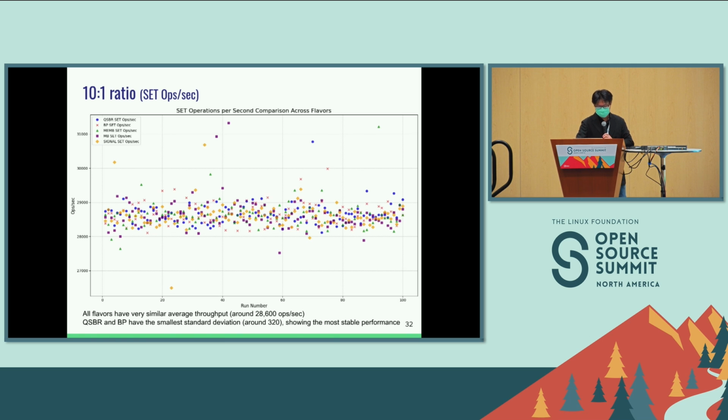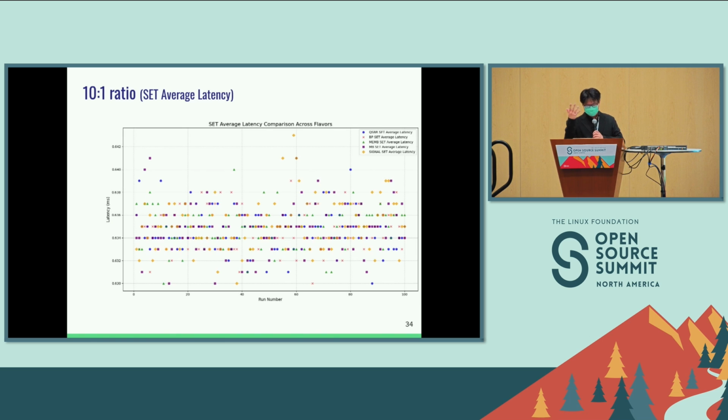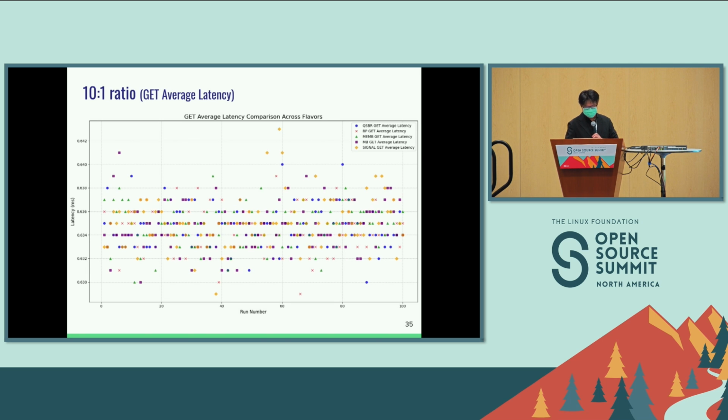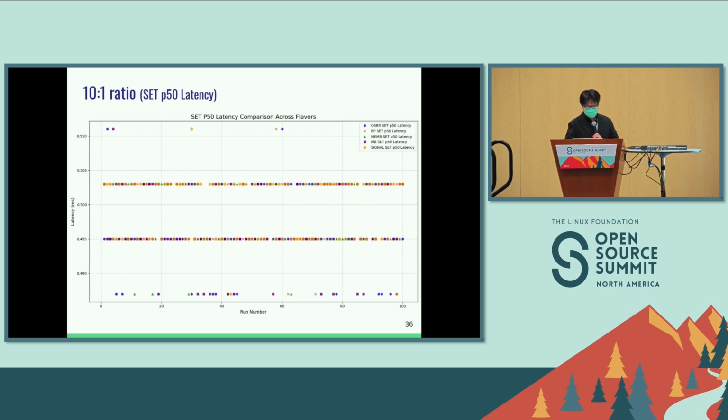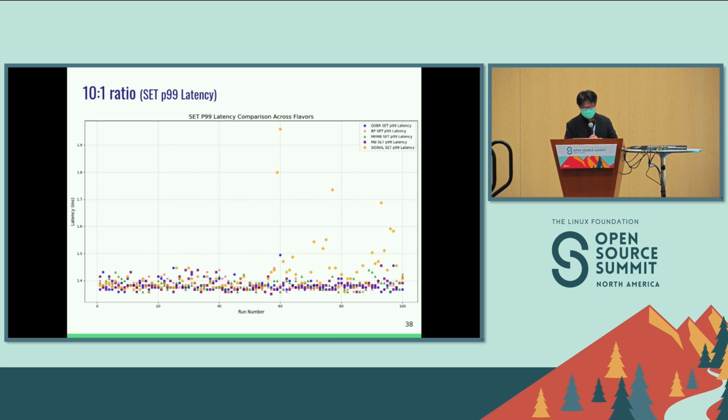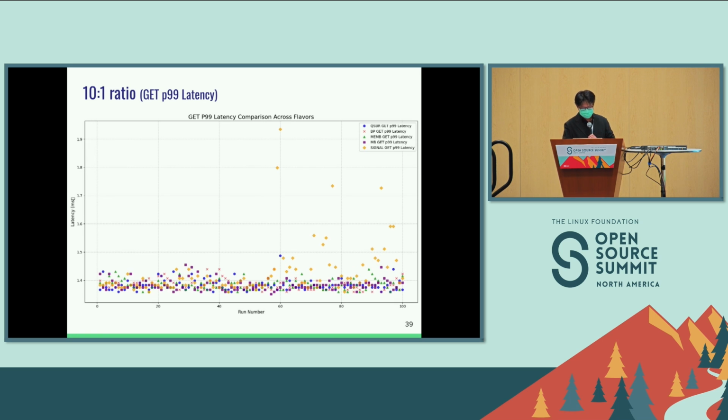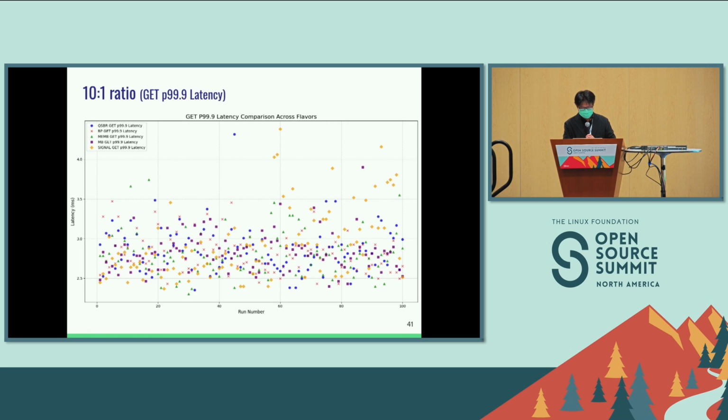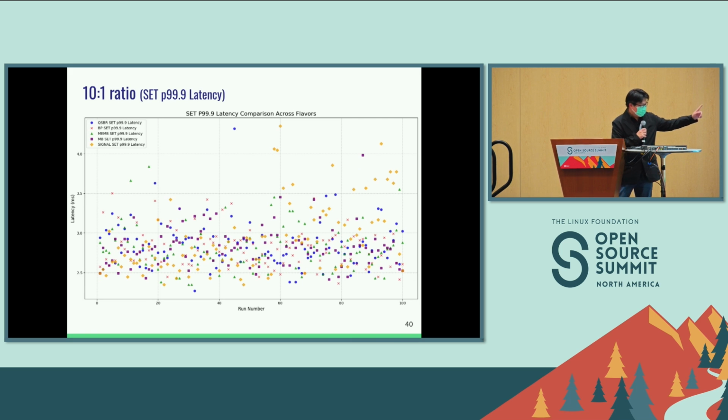Okay, set, get, average latency for get, 50 percentile for set and get, 99 percentile latency for set and for get. Right? This one is a tail latency. So again, here, it does matter to pick the proper Userspace RCU flavor if you want to achieve lower tail latency.